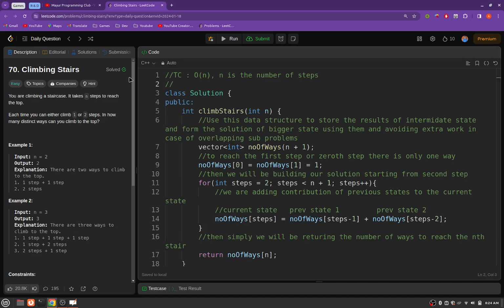Space complexity wise it will also be order of n, where n is again the number of steps, since we are using this vector. So that is it from my side. Thanks again.